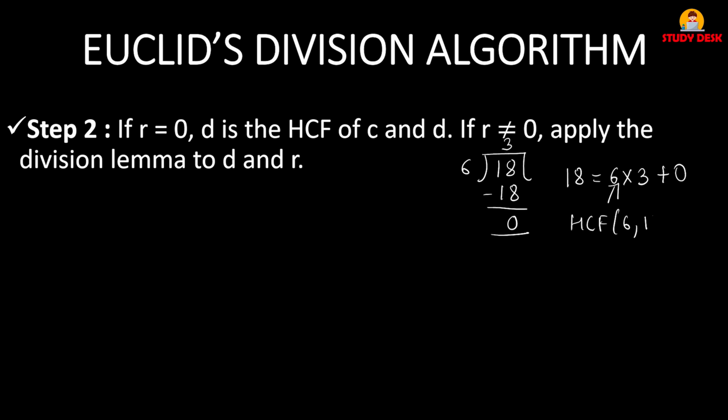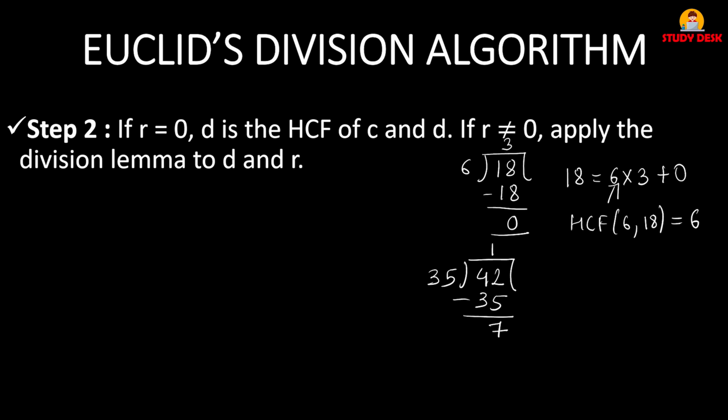So we will write HCF of 6 and 18 is equal to 6. Now what happens if the remainder is not equal to 0? Let's take another example. 42 and 35. Now here if you observe, you are going to get 35 into 1, 35 here, and the remainder you are going to get is 7. So the remainder is not equal to 0, right?